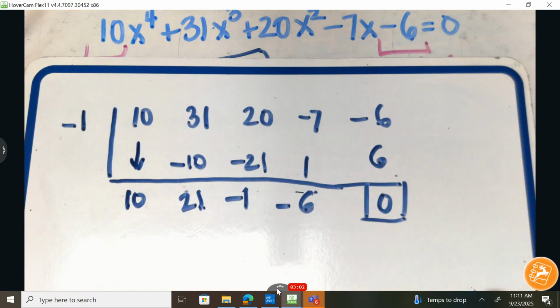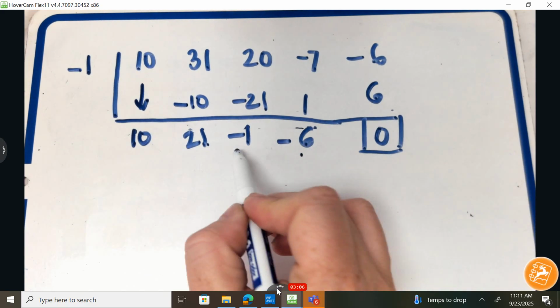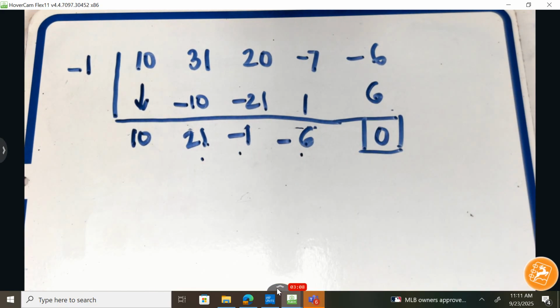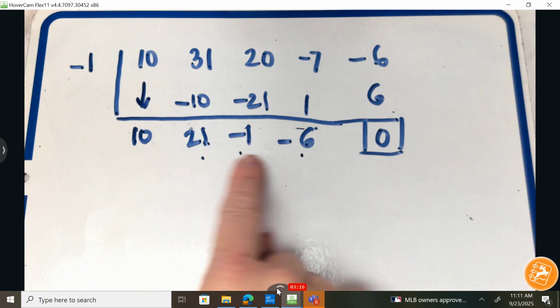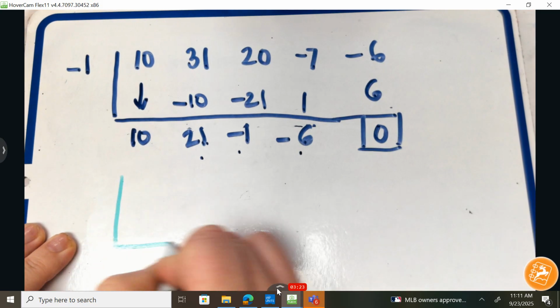Okay, so from here, I'm going to take what's remaining, and when we only have 3 terms left, we can rewrite it as a quadratic equation, and we could use potentially factoring, and we could always use the quadratic formula. When we have 4 terms, it doesn't look like this is going to be something that I can factor by grouping. What I'm going to do is the exact same thing. I'm dropping this in.